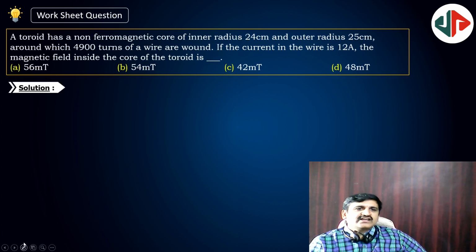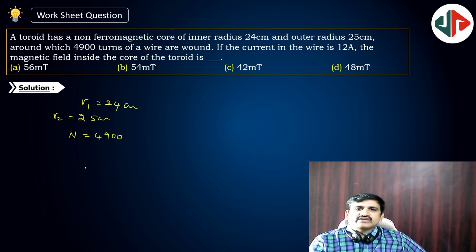A toroid has a non-ferromagnetic core of inner radius R1 equal to 24 centimeter, outer radius R2 equal to 25 centimeter, and number of turns N equal to 4900 turns of wire wound. If a current I equal to 12 amperes is flowing through it, what is the magnetic field?